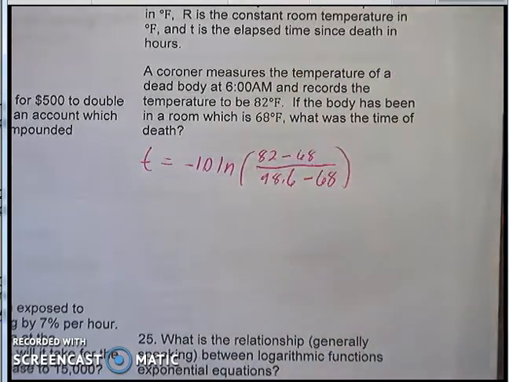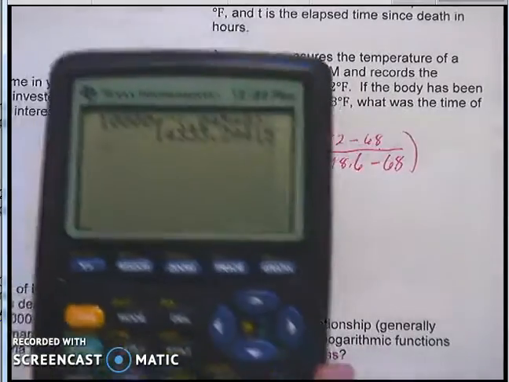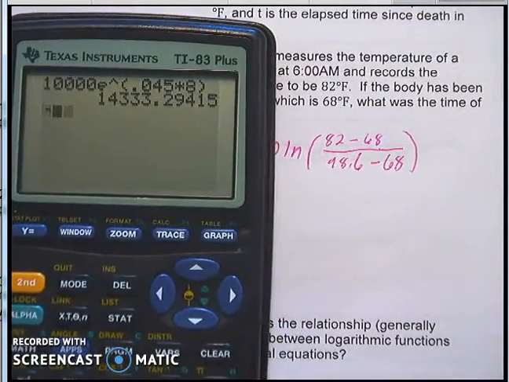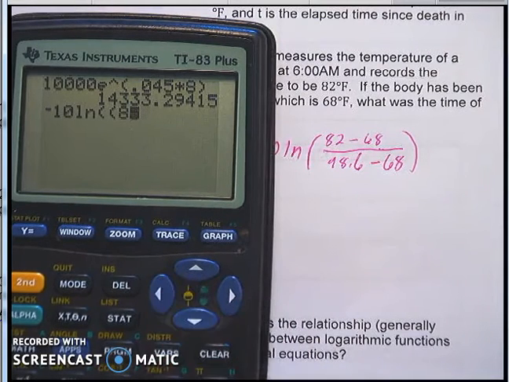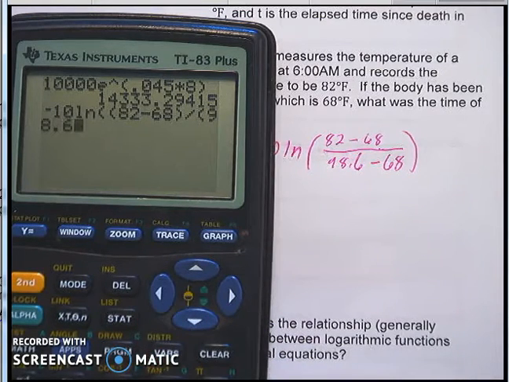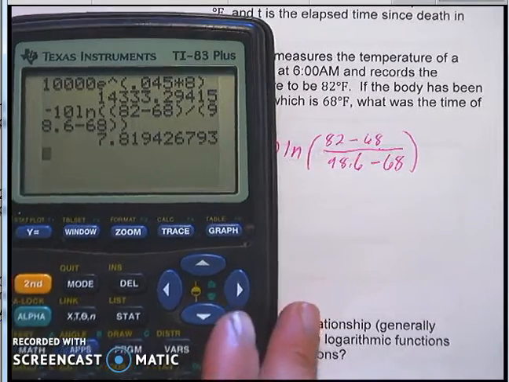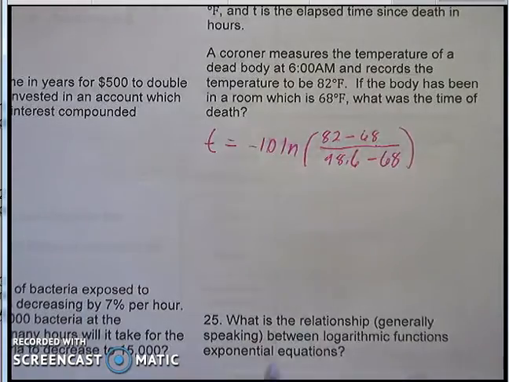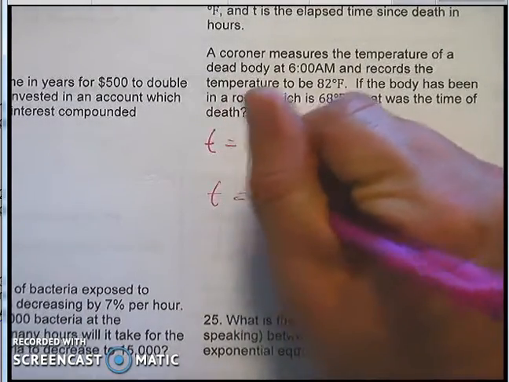And this is just calculator work, so we're going to plug this directly into the calculator to get -10 natural log of 82 minus 68 divided by 98.6 minus 68. This person died 7.81, let's call it 7.82 hours ago.